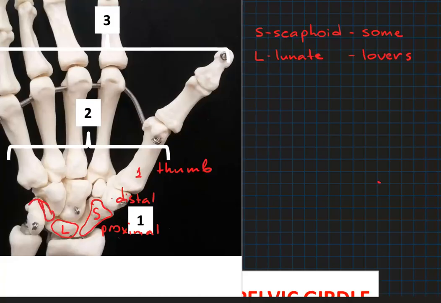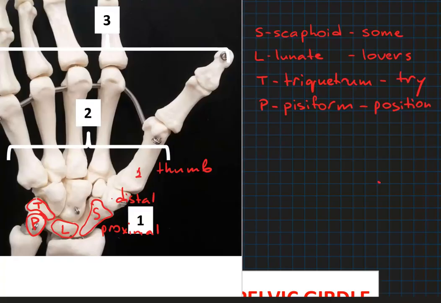Then we go to the bone that you can barely see because of the vantage point, but this bone is called triquetrum. Try. Finally, this small bone here, pisiform, concludes the first part of our mnemonic rule with the word positions.